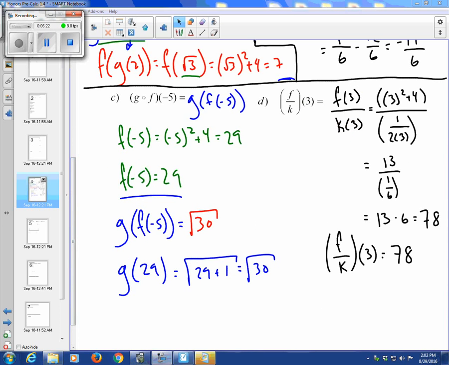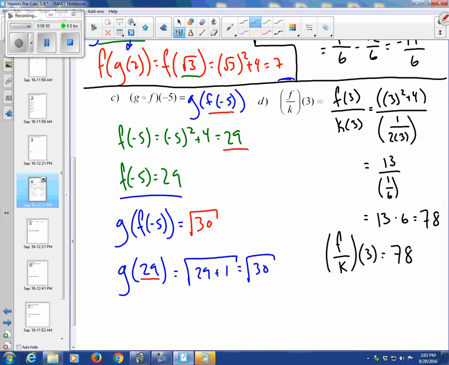Okay, so looking at these, the way I went about it was basically just plugging in, evaluating functions individually. So right here, when I said I had g of f of negative 5, I first evaluated f of negative 5. F of negative 5 is going to be negative 5 squared plus 4, so that's 29. Then I took f of negative 5 and plugged that into g.